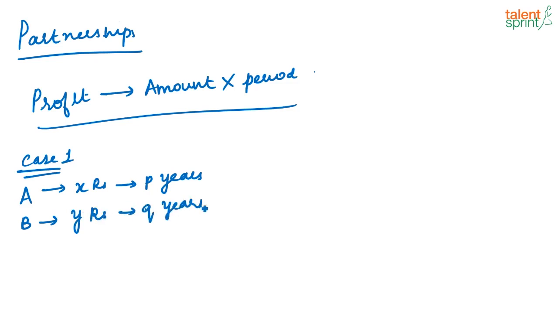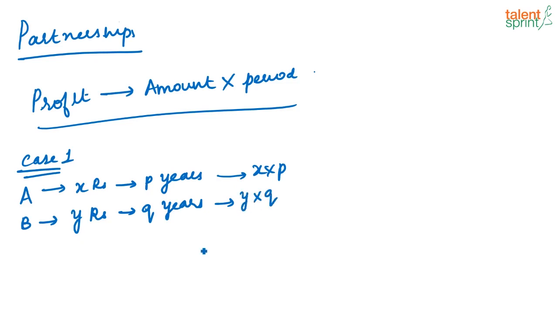Now, in what ratio will I share the profit between these two people at the end of a certain period? See, what is the product of the investment of A and the period for which he has invested? It is nothing but X into P. What is the product of the amount invested by B and the period for which he has invested? It is nothing but Y into Q.